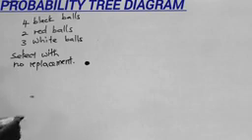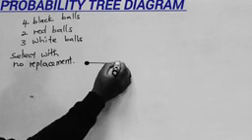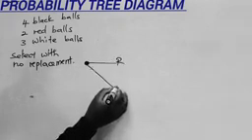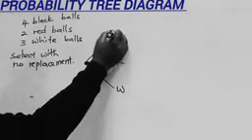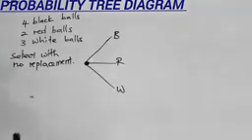So we have the first pick. It's either you pick a red ball, a white ball, or a black ball. So the probability of picking a white ball, how many white balls do we have?